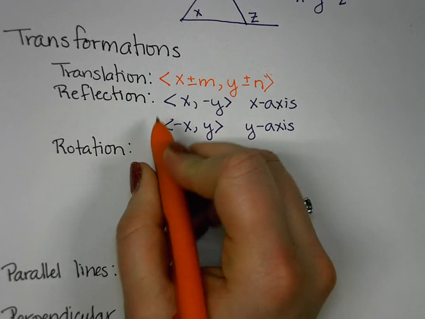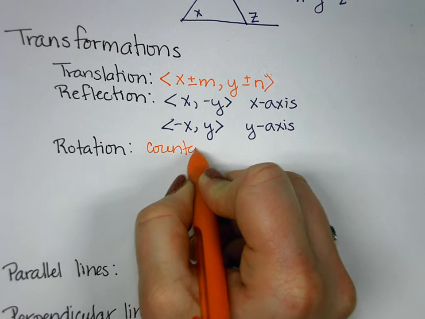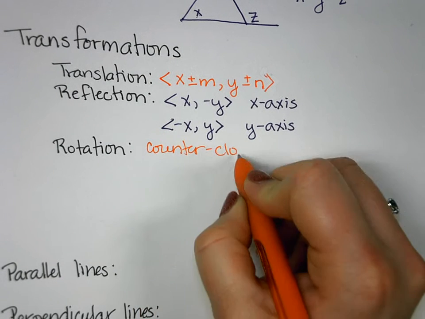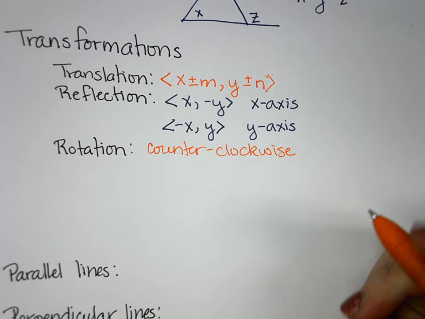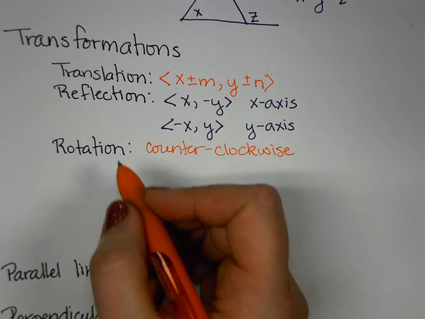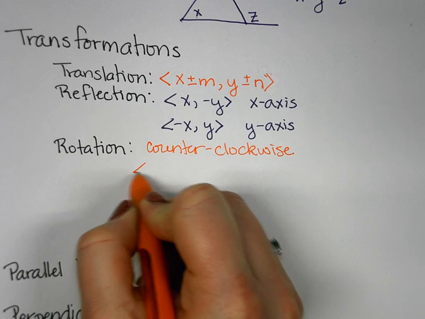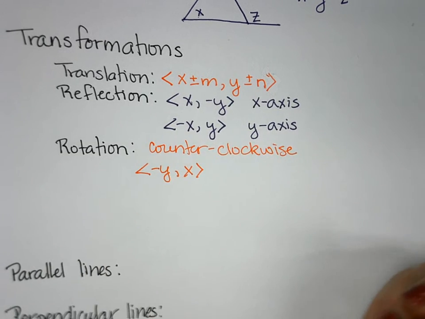And then we had our rotations. And they were all measured counterclockwise. So the first one, we switch x and y and make y negative.